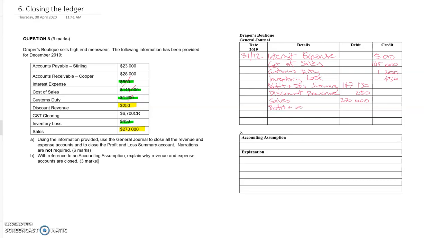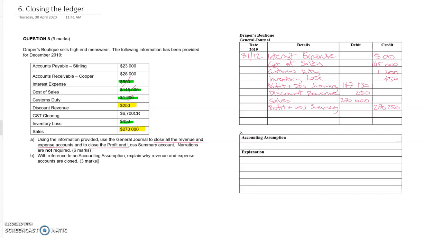Profit and loss summary, our balancing. These will be 270,250. So the question asks us to close all revenue and expense accounts, which we have done here.